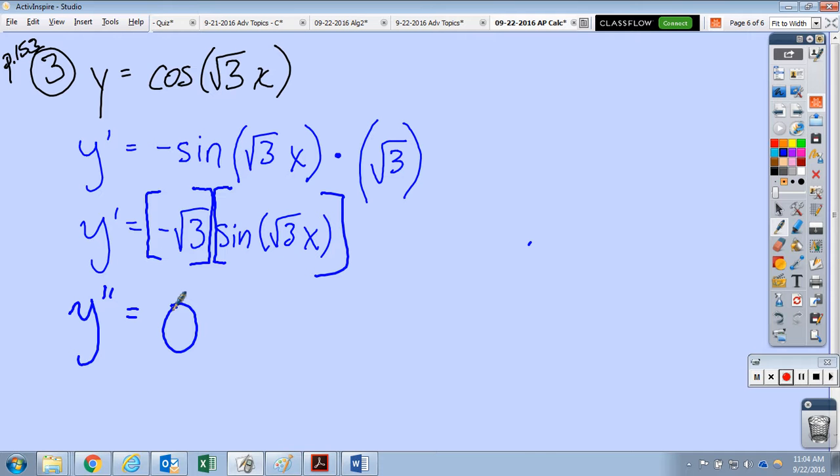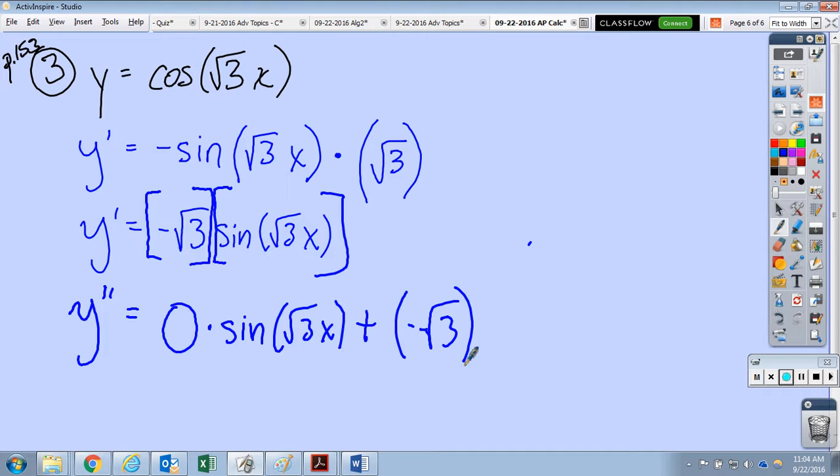So the derivative of this is 0. So 0 times, leave this guy alone, plus leave the first factor alone, times the derivative of this guy. The derivative of sine is cosine. Wait, you have to do the chain rule. So chain rule is built into this.